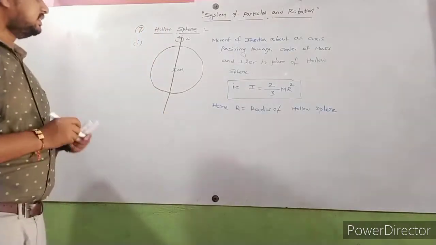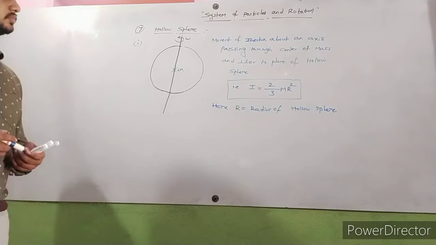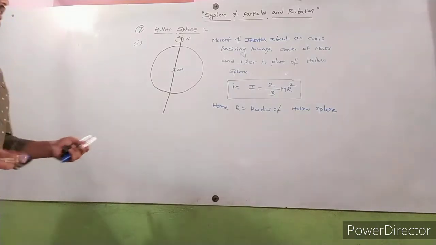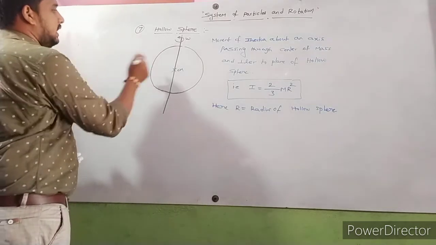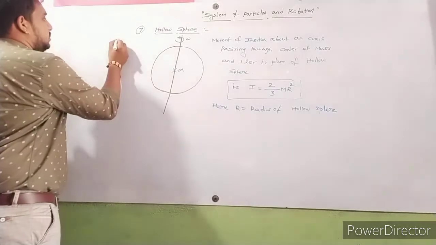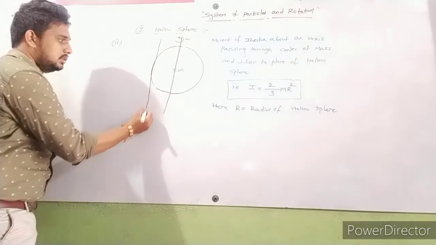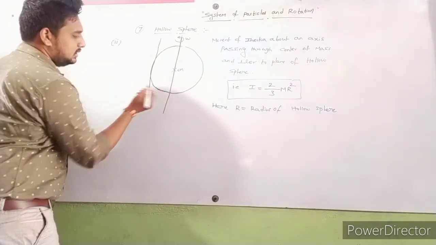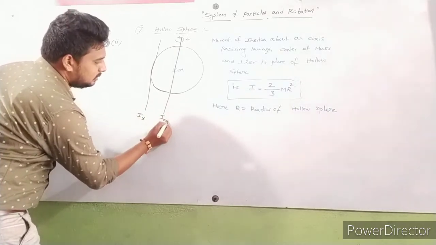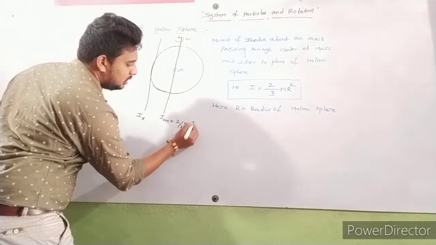This is case 1 about the hollow sphere. Now for case 2, I will consider this as an axis, which I consider as Ix. This is ICM, and we got ICM equal to 2 by 3 into mr square already.